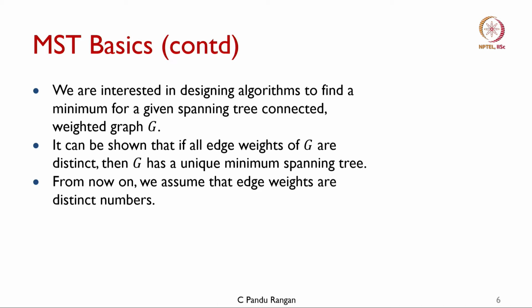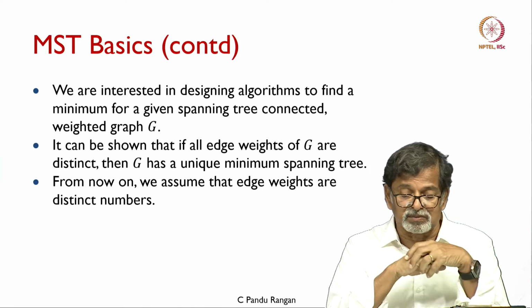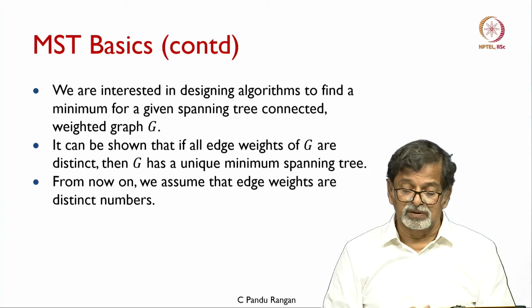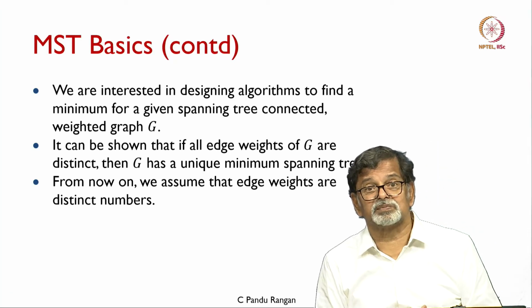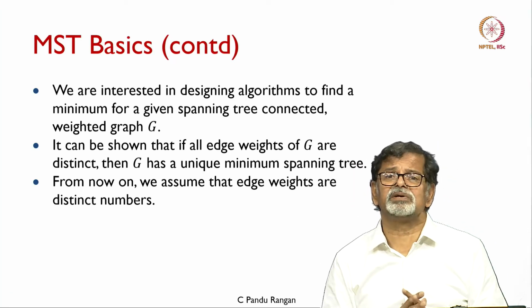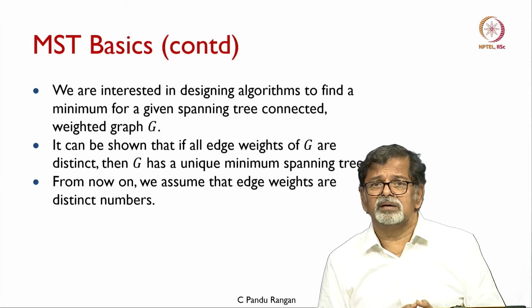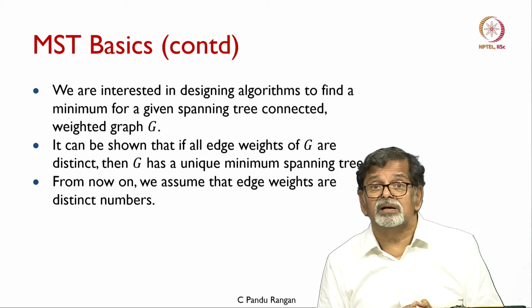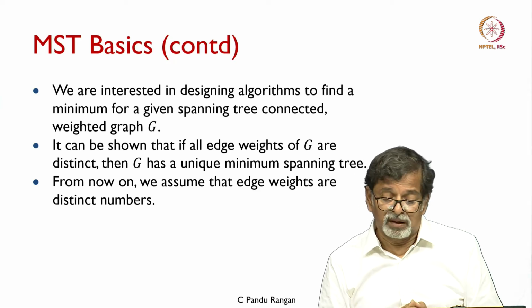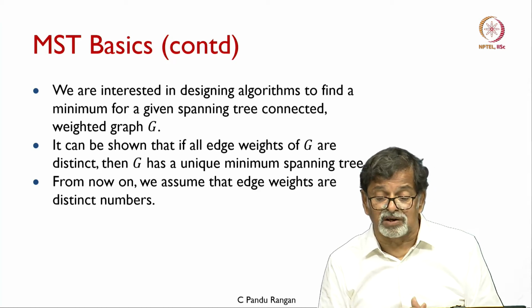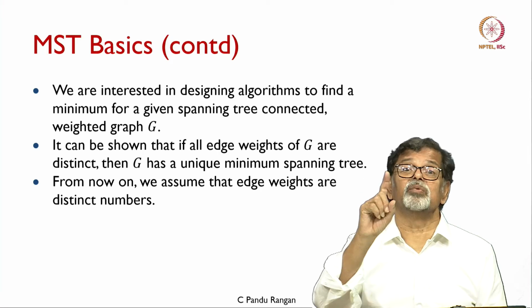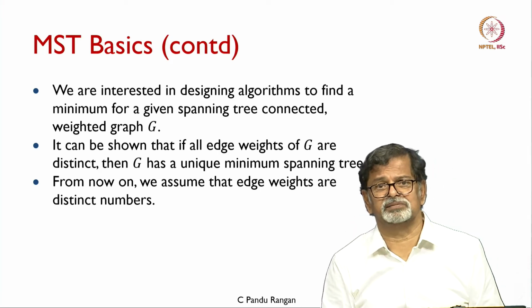So, we have to find efficient algorithms for finding the minimum cost spanning tree. There is one interesting property of the MST. If all edge weights are distinct, there will be only one minimum cost spanning tree.